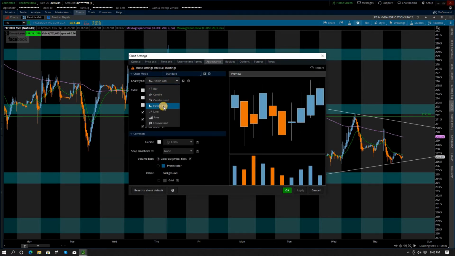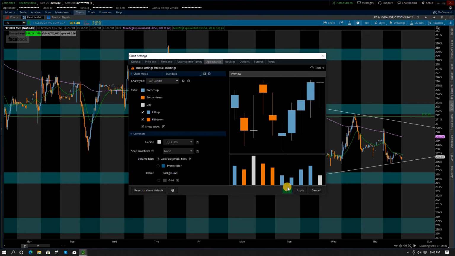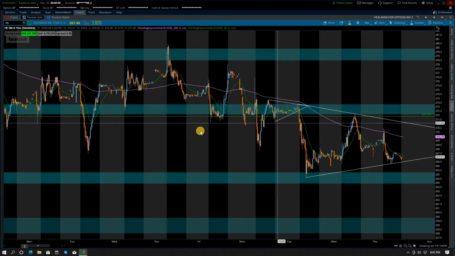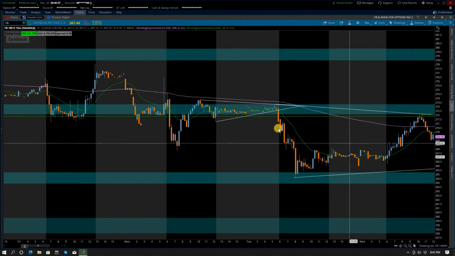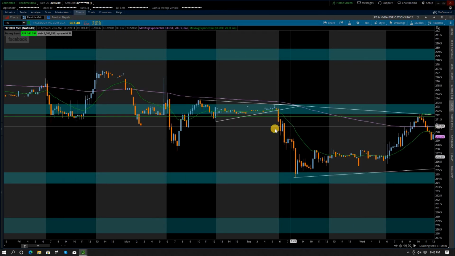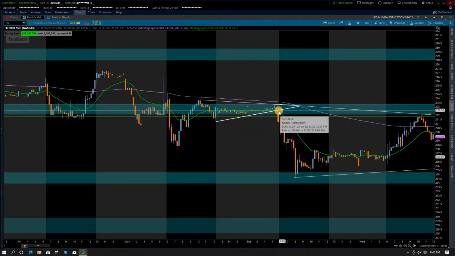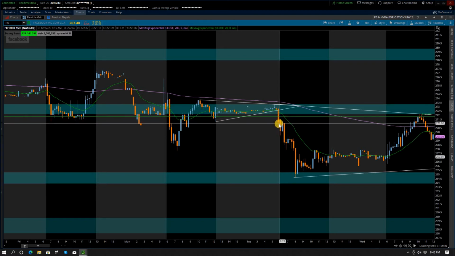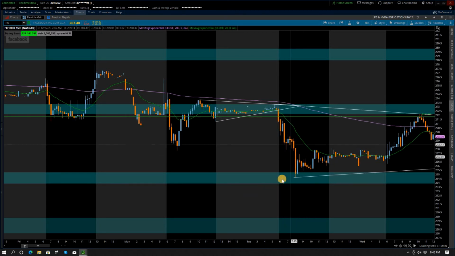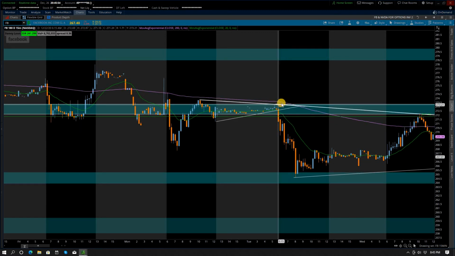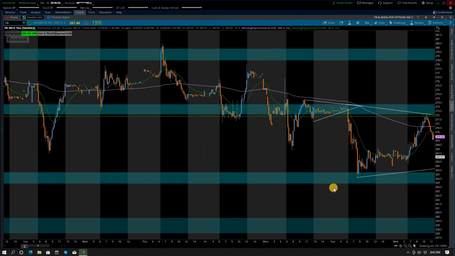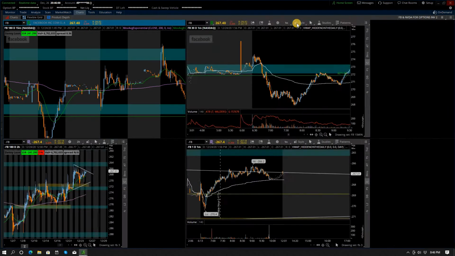So my confirmation for me to short is having a 15-minute candle close below right here. Once it closed below, now it gives me the conviction to go short. And obviously if it reclaims that, that's going to be the stop. So that's 1222.